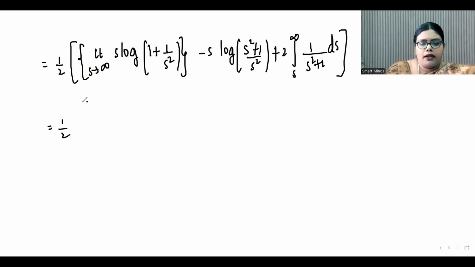That is 1 by 2 into limit s tends to infinity s into, now how can we write this?